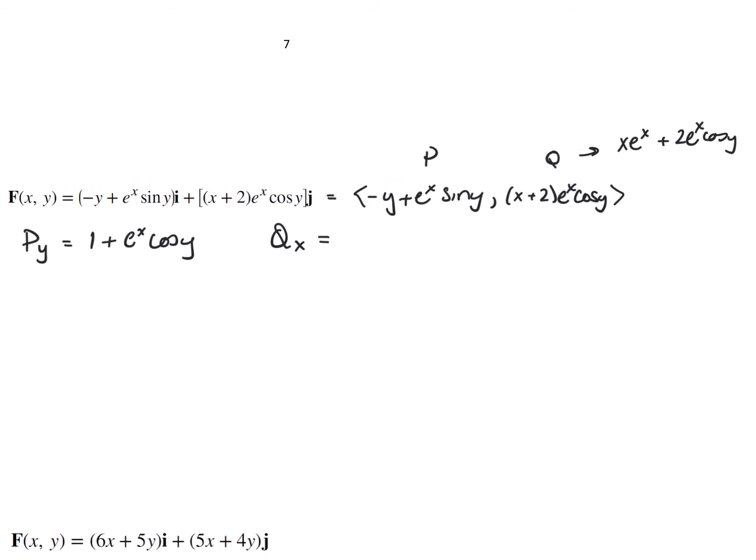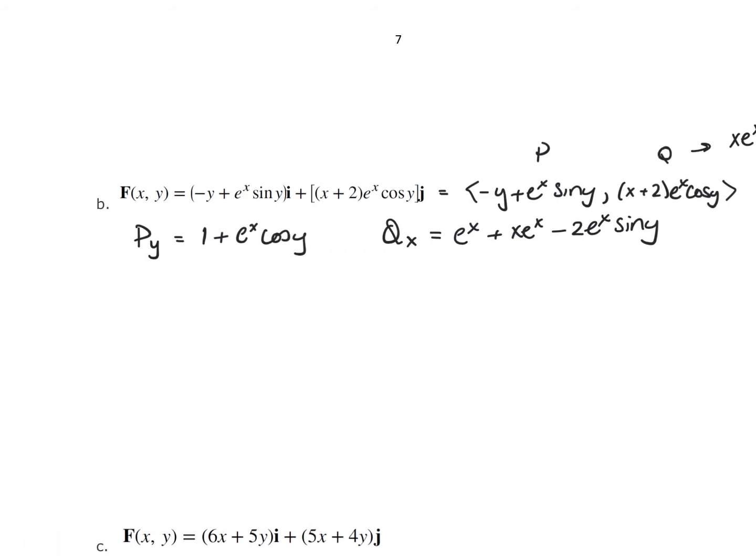So that way when I take my derivative, I'm going to get e to the x by the product rule plus xe to the x minus 2e to the x, the sine of y. Now, you can see that these don't match. These are not matched, so it's not conservative. So I can't find a potential function like I have been doing before.